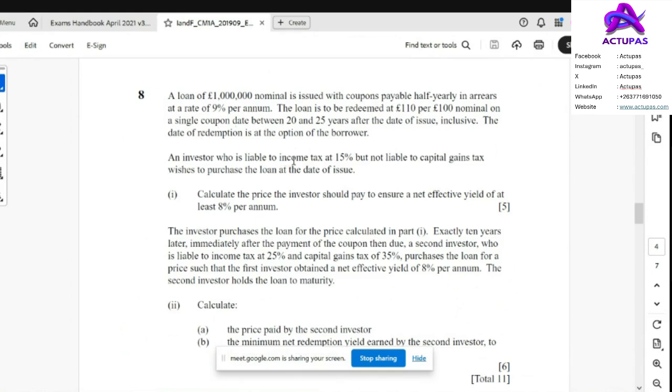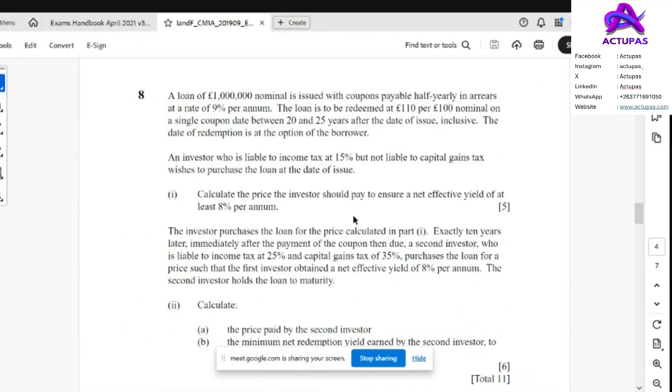An investor who is liable to income tax at 15% but not liable to capital gains tax wishes to purchase the loan at the date of issue. Calculate the price the investor should pay to ensure a net effective yield of at least 8% per annum. So in this case, we want to look at the worst case scenario. The worst case scenario would be if there is capital gain.